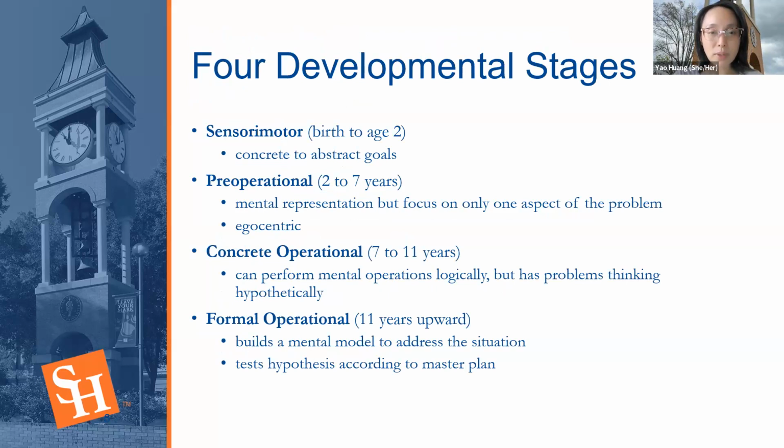This is really important work, especially as a contribution to child development theory. As you can see, there are four phases: sensorimotor, pre-operational, concrete operational, and formal operational. For some of you who are interested in developing instruction for children, this is a good learning theory to help you.